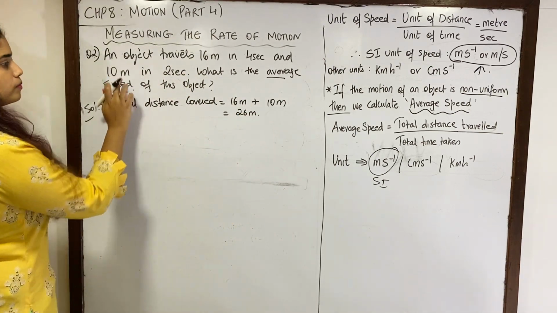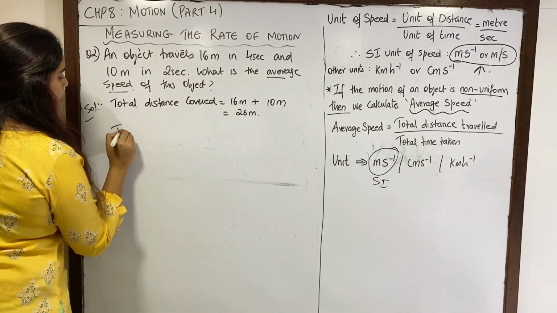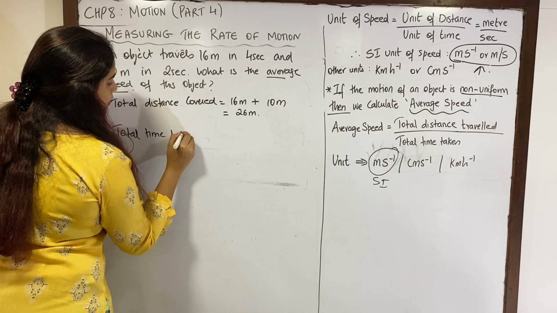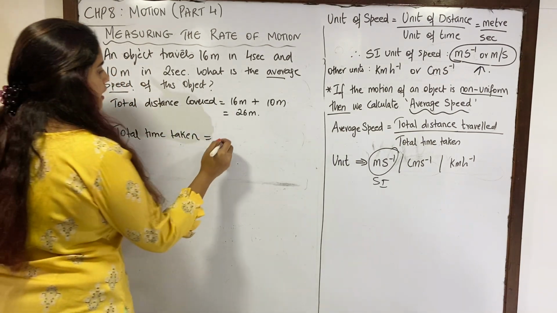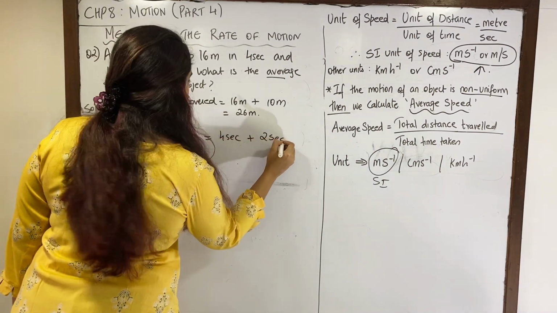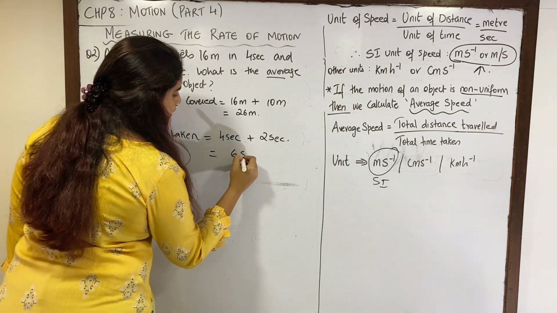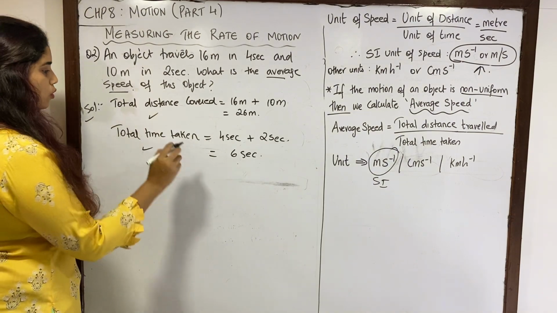So this particular object has travelled a total distance of 26 meters. Now let us find out the total time taken by this object to cover this 26 meter distance. Then that is going to be 4 seconds plus 2 seconds. 4 seconds plus 2 seconds is what? 6 seconds. So we got our total distance that it is taking to cover and total time.